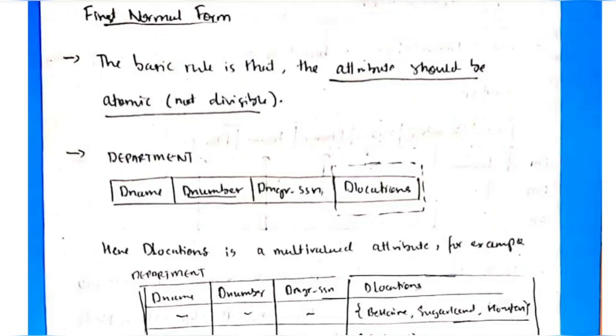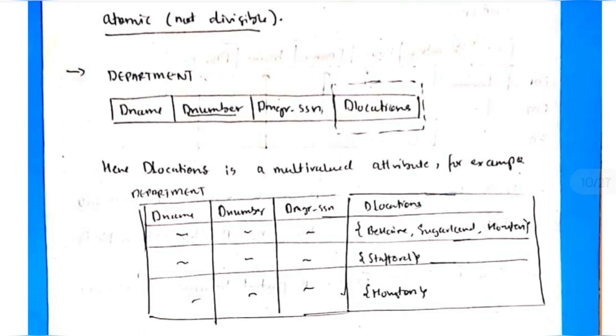In the normalization procedure, there are a total of 5 normal forms. So let's discuss each normal form one by one. The first normal form is that the attribute should be atomic. It should not be divisible. What I mean by that is, for example, if you consider department here, in department we have D name, D number, manager SSN and D location.